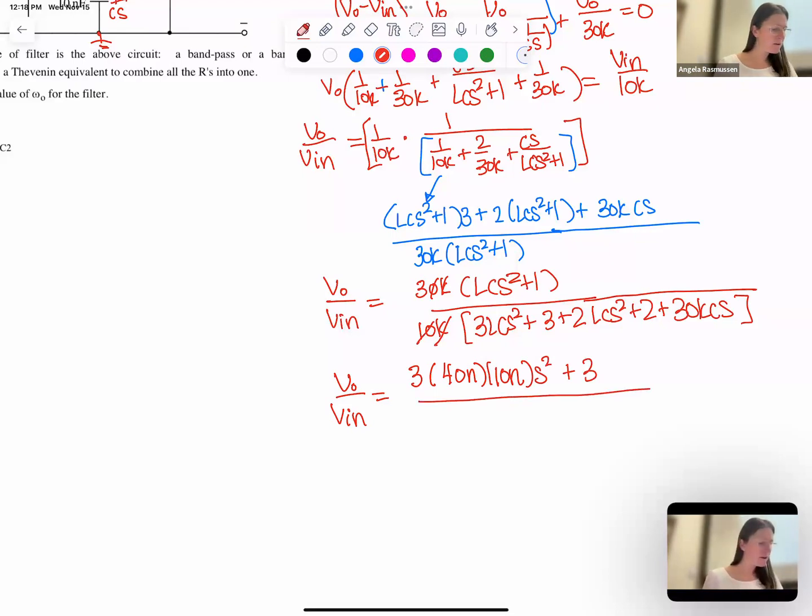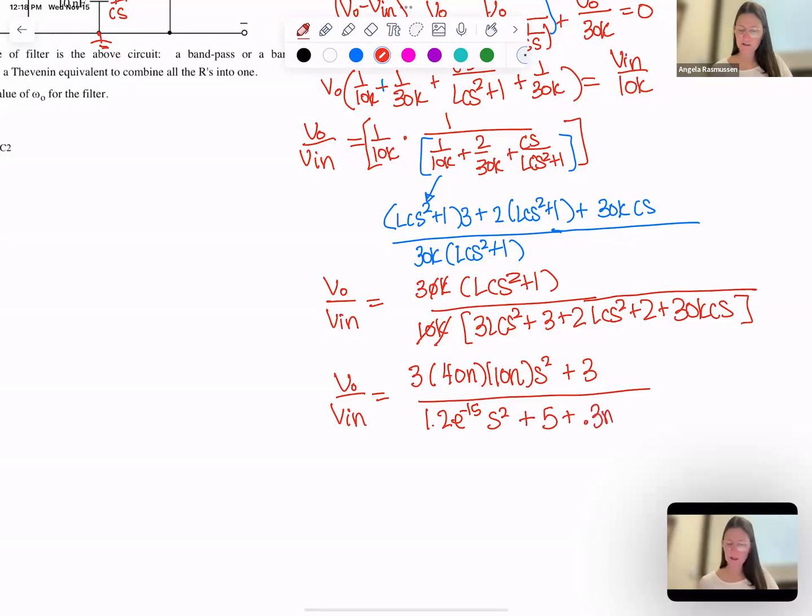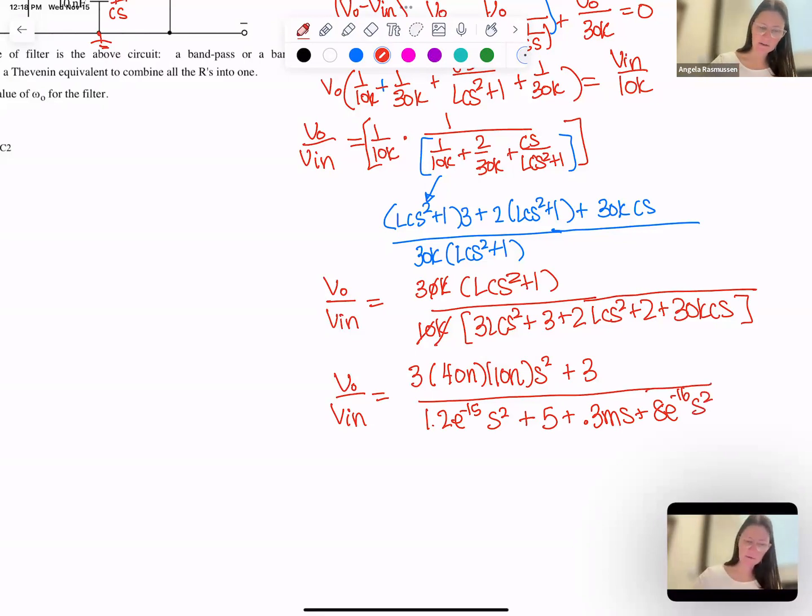And then on the bottom, I get 1.2 e to the minus 15 S squared plus 5 plus 0.3 milli S plus 8 e to the minus 16 S squared. Or would you guys like me to write these a little differently? Here, I'll write these a little differently.